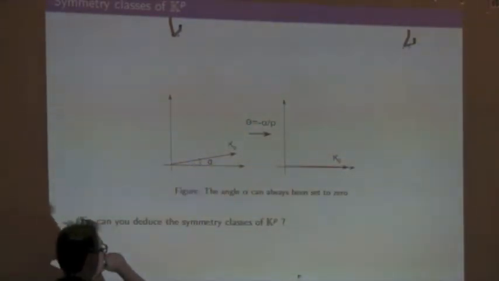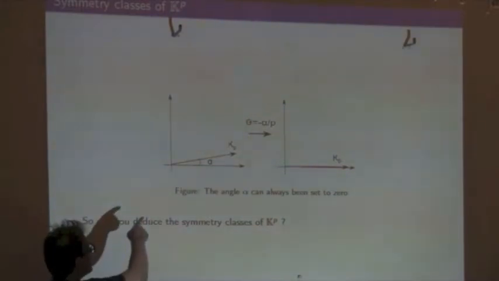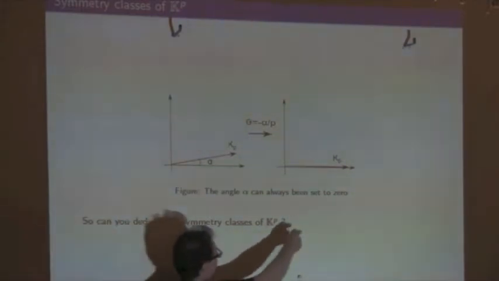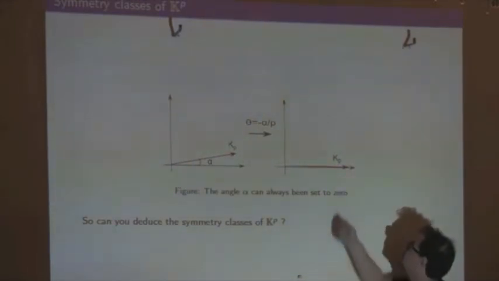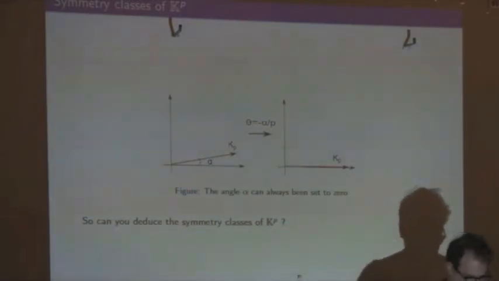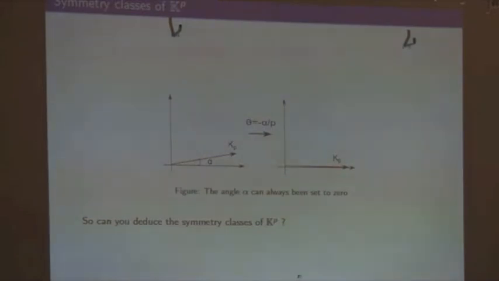Here, I will look at the symmetry group. My generalized vector turns at p times the angle of rotation.